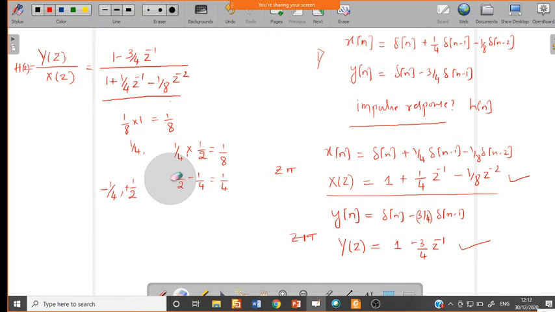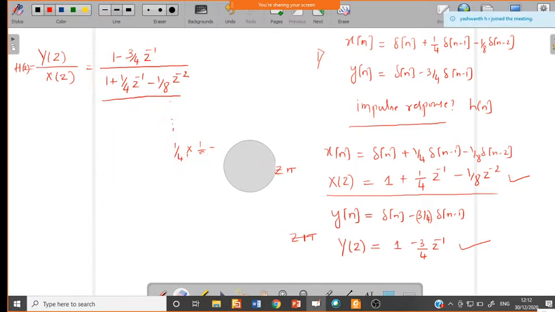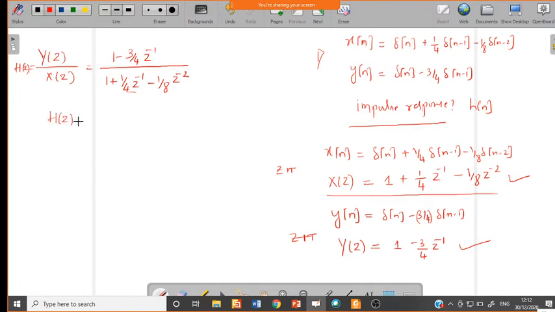So now if you put the roots of this equation, you will get the denominator in terms of roots. Okay. So now we can write this H of z as 1 minus 3 by 4 into z inverse, divided by 1 minus 1 by 4 z inverse into 1 plus 1 by 2 z inverse.